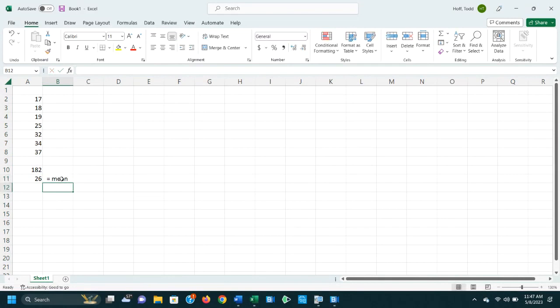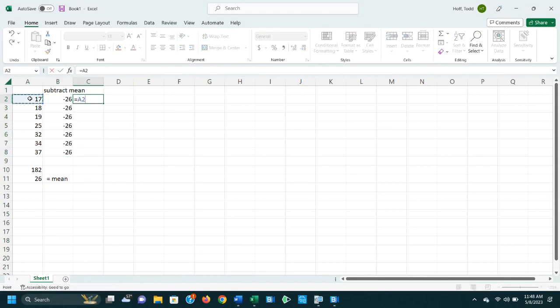So the mean is still 26, so we're going to subtract the mean. We're going to subtract 26 from each of those numbers. And we'll just fill that down.